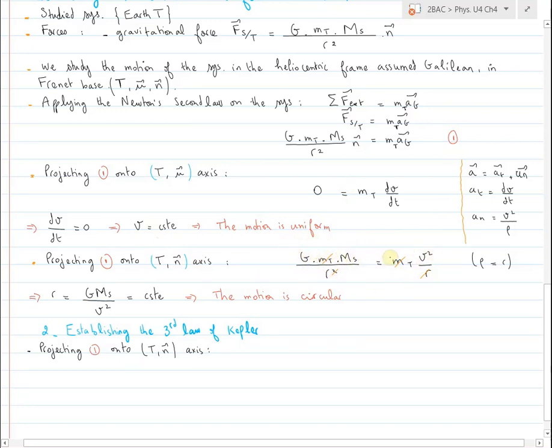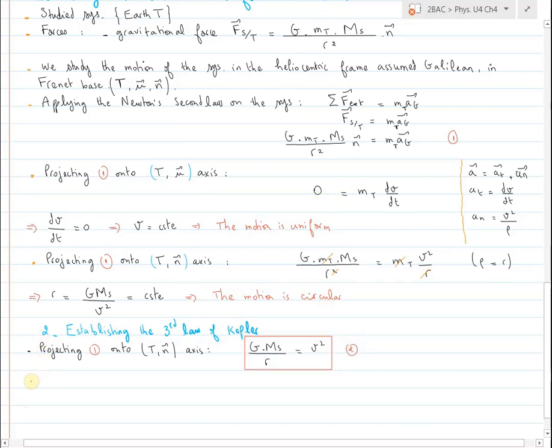So simplifying with m_t and with r gives G times m_s over r, which is equal to v squared. So we are going to name this equation 2.